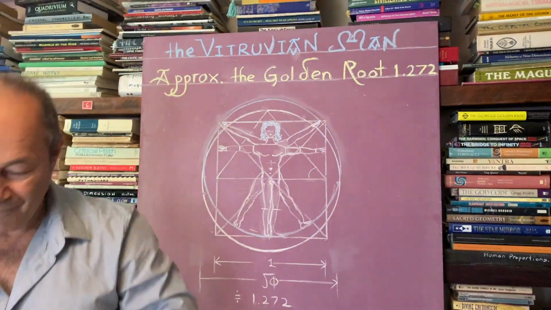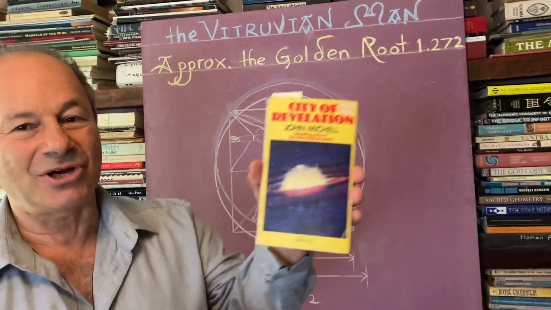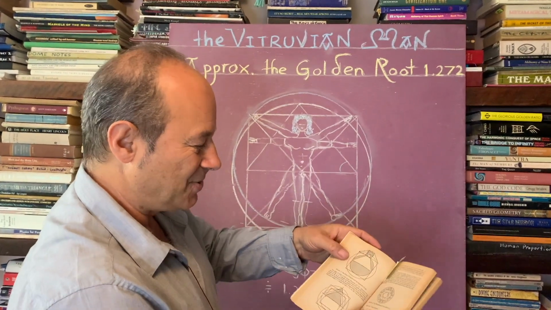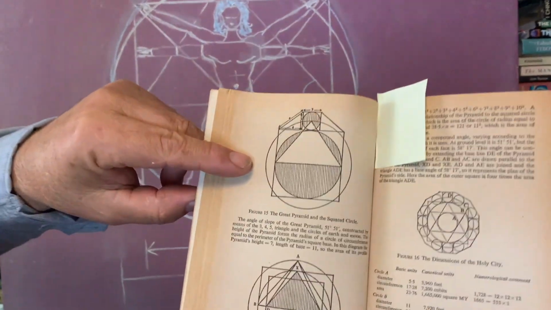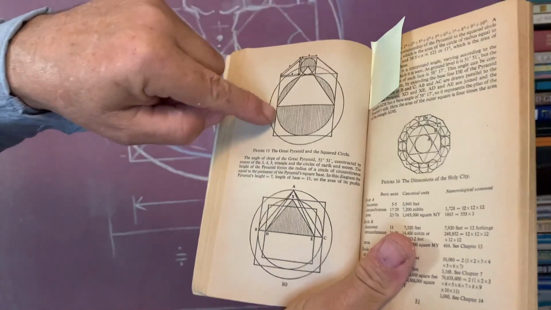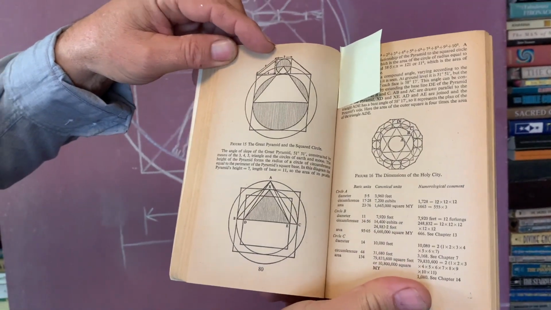But first of all, the next book, over 40 years ago, I discovered this book by John Michell, The City of Revelation. And he inspired me in my early 20s to recognize that inside the mystical squaring of the circle, or the rectification of the square, we can see that there's a pyramid angle between the square and the circle and the mathematics of the moon, earth dimension.